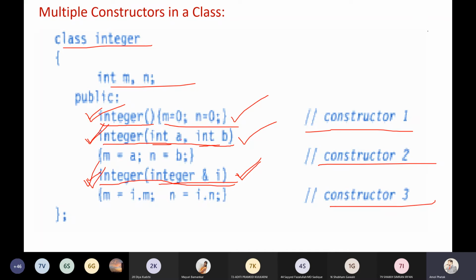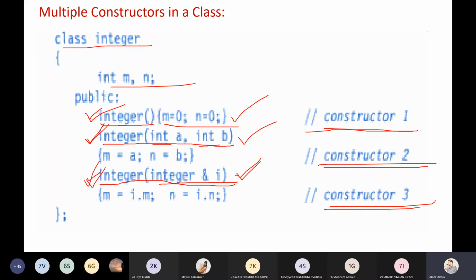So depending upon the object, while creating the object, if I am not passing any parameter, the compiler knows that it has to call constructor number one. If I am passing two parameters, it will call constructor number two. If I am passing one argument, the address of an integer, then it is going to use constructor number three.